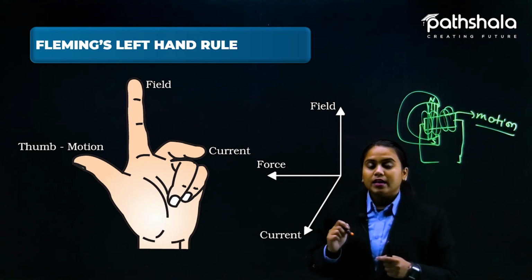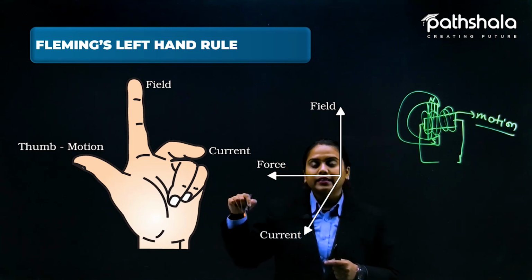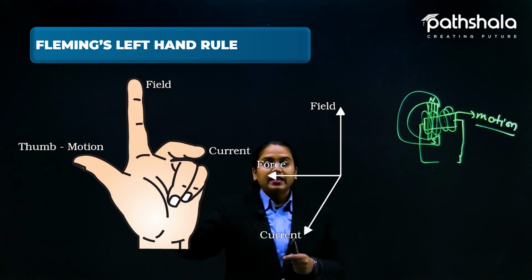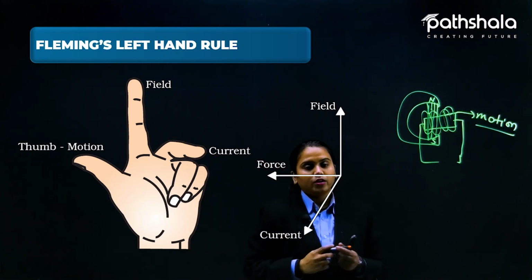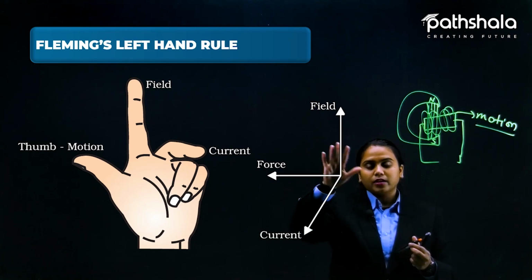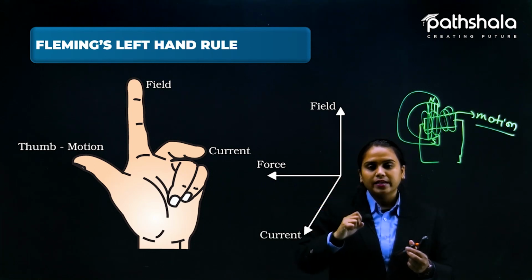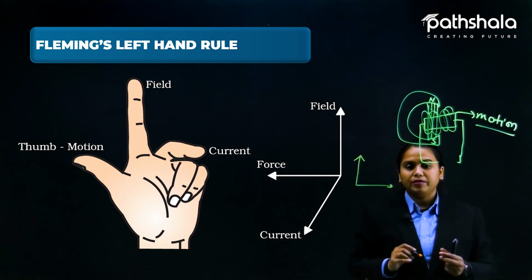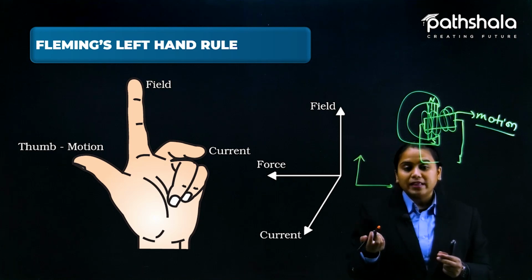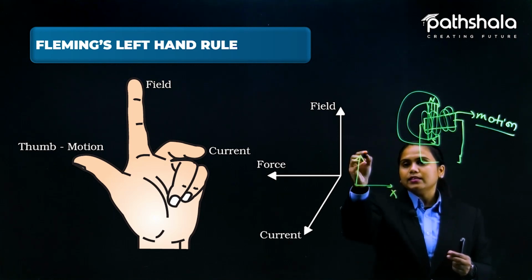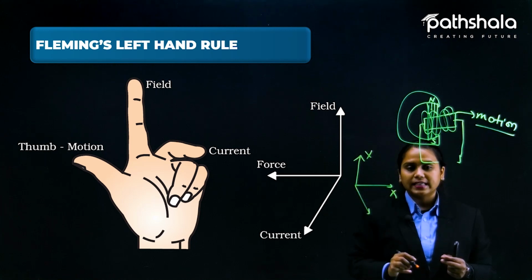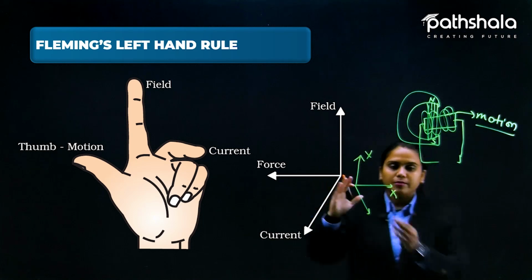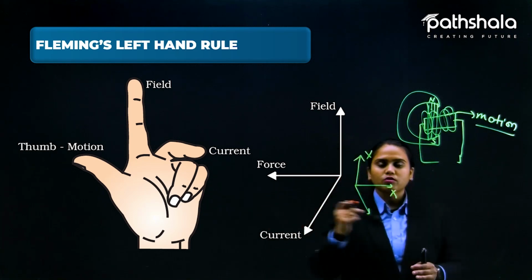Now students, the forefinger shows us the magnetic field, and the middle finger shows the current. I have drafted this in a graphical representation, and I can even draw it for you. When we draw a graph in mathematics, we have the x-axis, the y-axis, and this is going to be the z-axis. If we rotate it laterally, that is also correct.